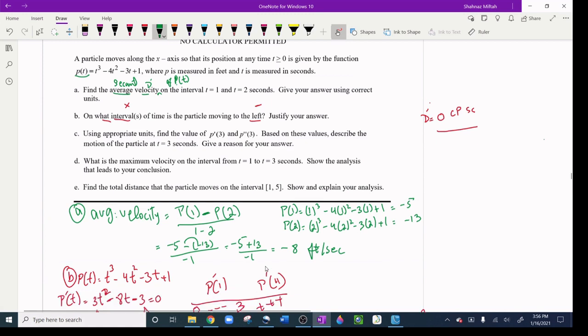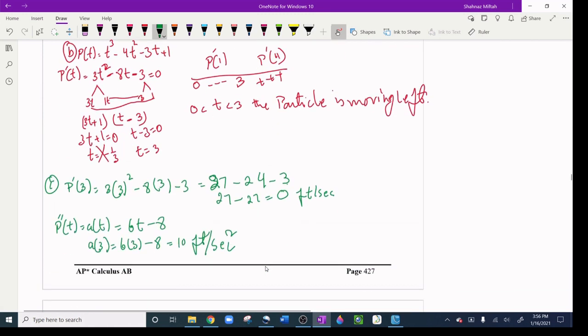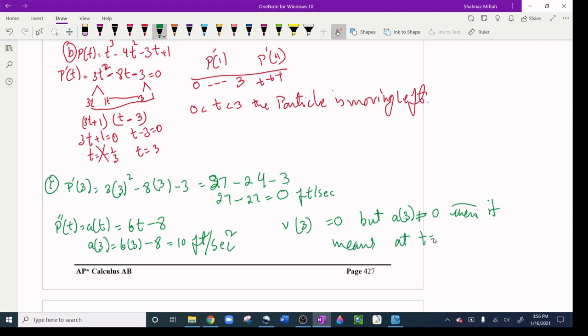So we know that the velocity at 3, like p prime 3, is equal to 0, but the acceleration at 3 is not equal to 0, then it means at t equal 3 the particle is changing direction.